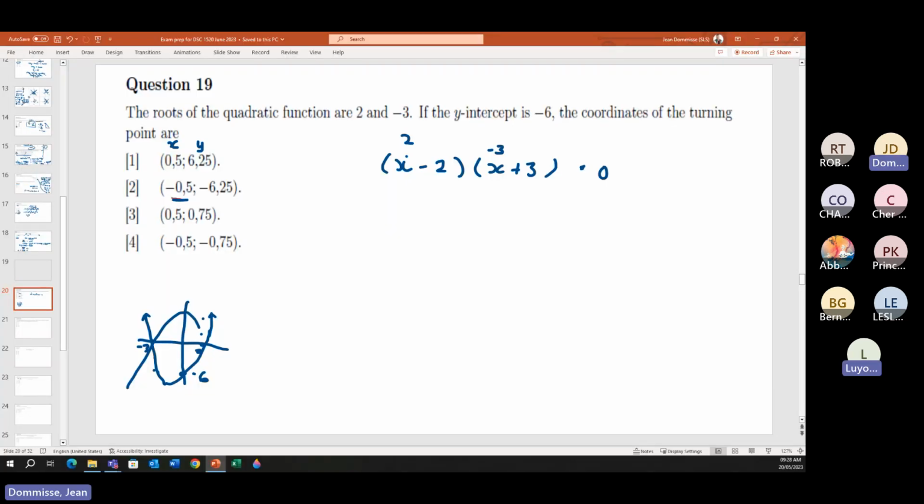you would see, to go through those roots, but still you need to go through the minus 6.